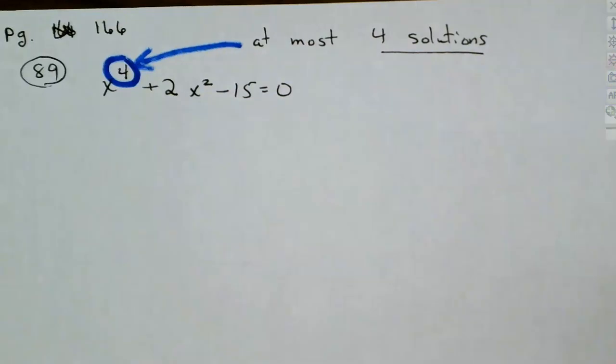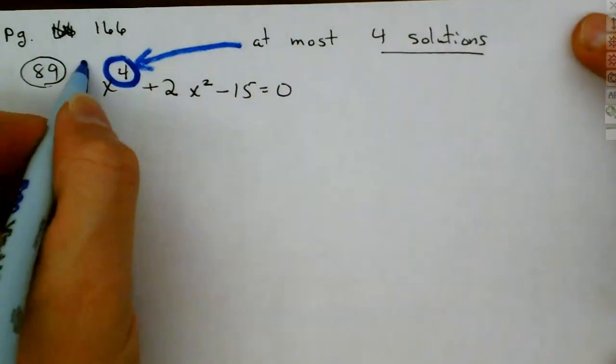The way we're going to solve this is we're going to factor it just like we would factor any trinomial we've done before. Okay, it's set to 0. I've got my 3 terms. There's no number, so we put a 1 here.